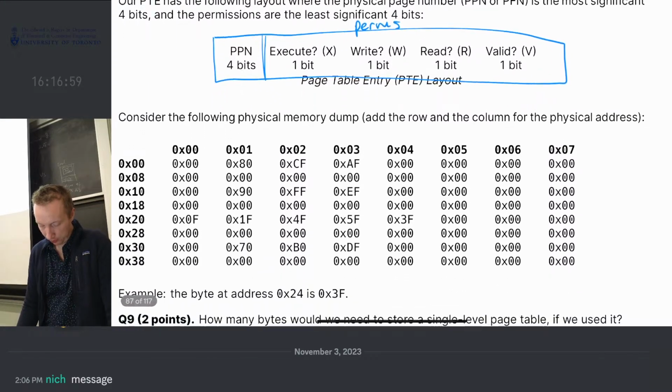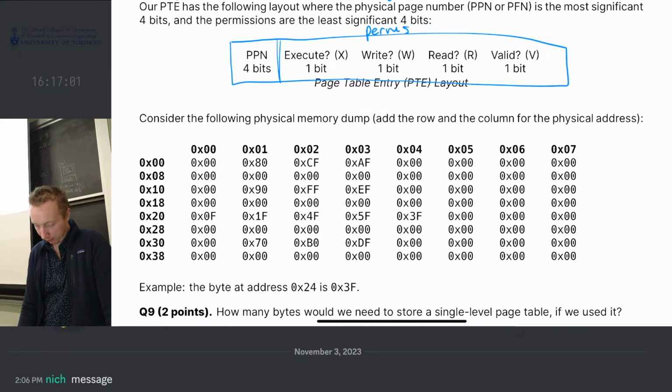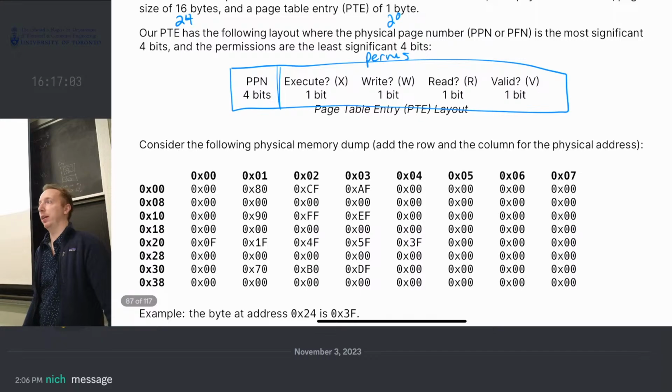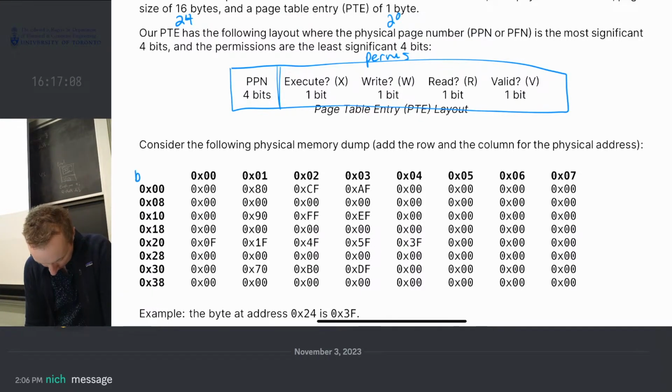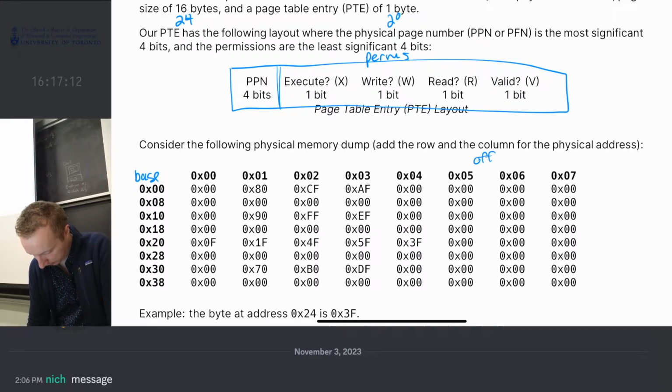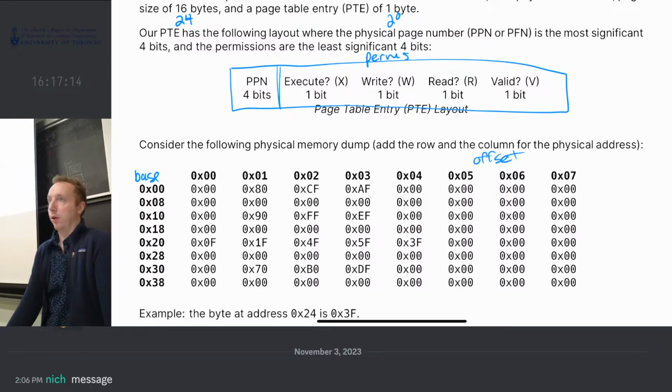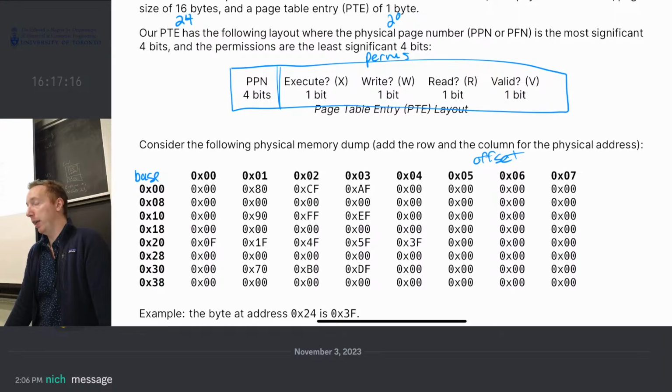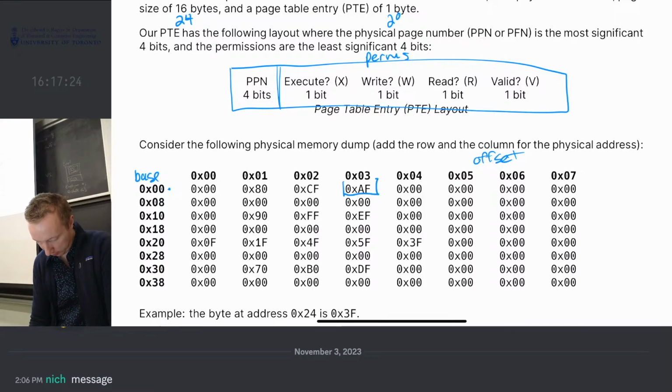So given that information, I also give you a giant dump of physical memory. This is like the base address here, and then the columns are like the offset. So if you want to know the byte at address, say, 03, you would go in this column, and 0 plus 3 is 03, so the byte there would be AF.